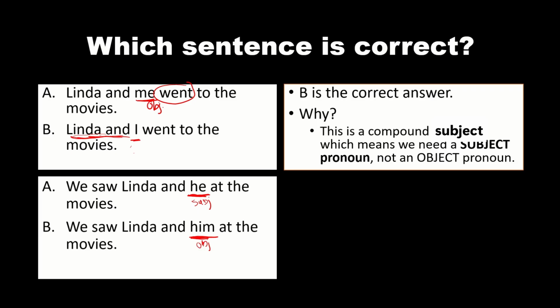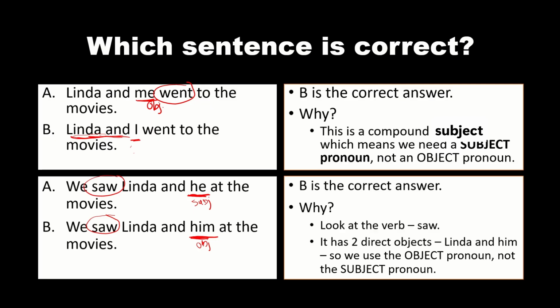Now that we look at our sentence, is he or him on the receiving end of the verb? Well, what's the verb? Saw. So what's on the receiving end? Well, Linda and him. Automatically, what do we know? Just by saying that, what is on the receiving end, we know that B is our correct answer. It has two direct objects, Linda and him, so we use that object pronoun, not the subject pronoun.